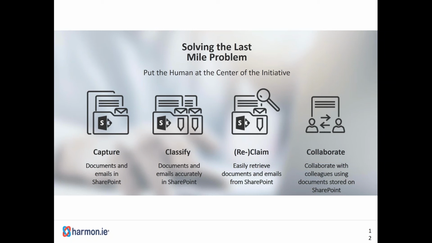So making it easier for people to share information, using all the great capabilities that SharePoint has, is really the key to solving the last mile problem and humanizing the experience of the technology so that the business initiative can be successful. Slide, please.